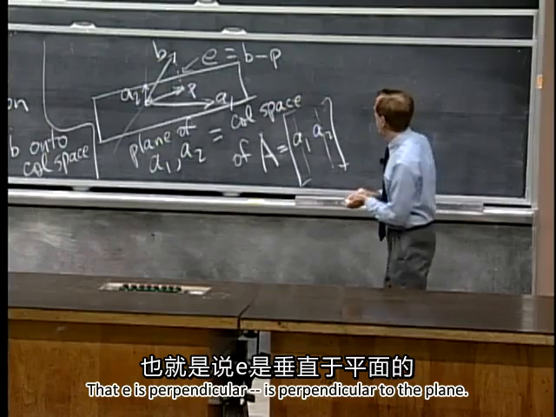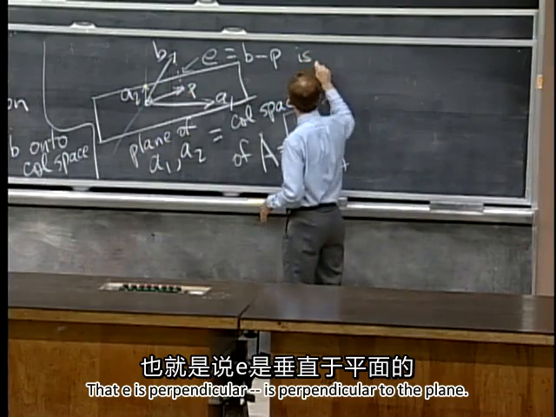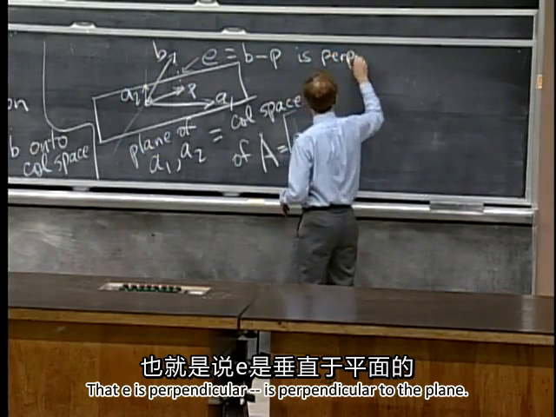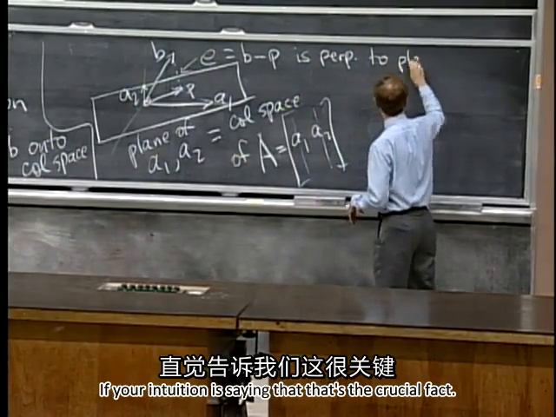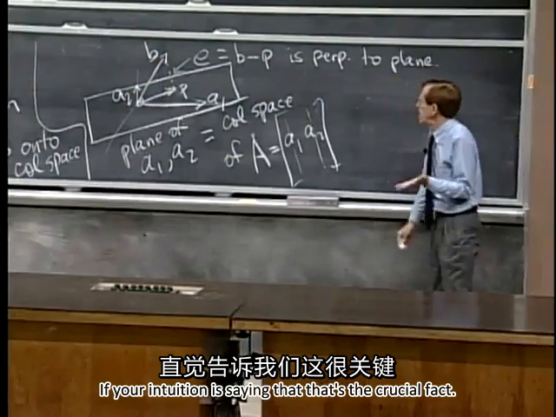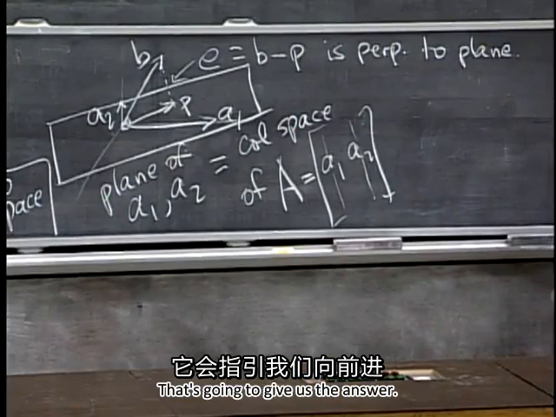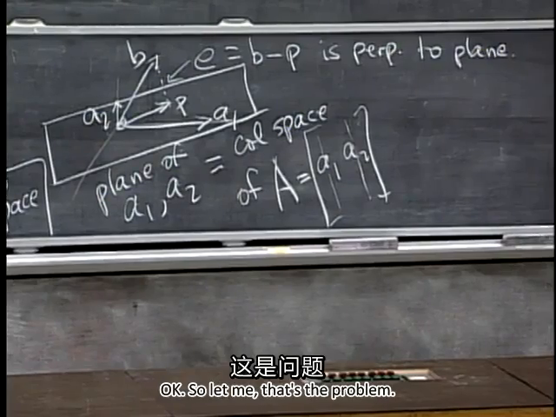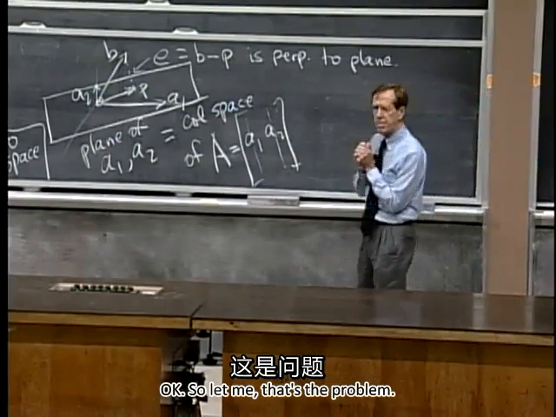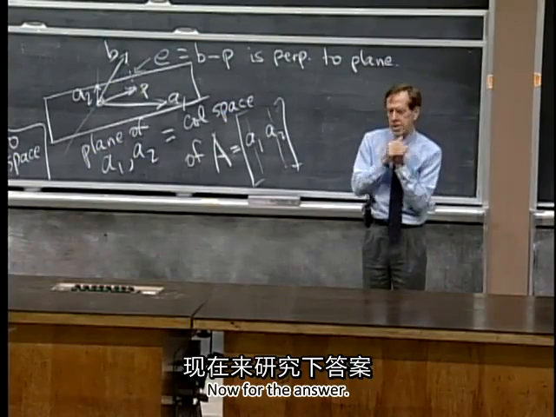That E is perpendicular to the plane. Your intuition is saying that that's the crucial fact. That's going to give us the answer. Okay, so that's the problem. Now for the answer.